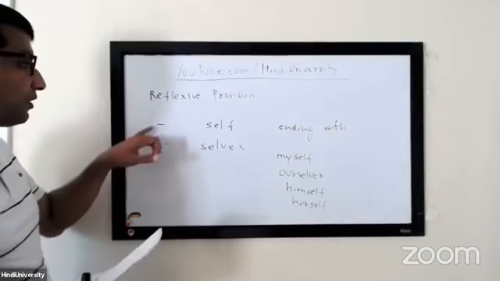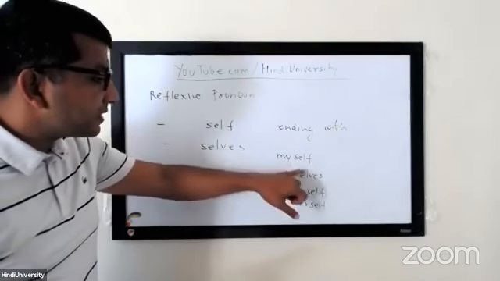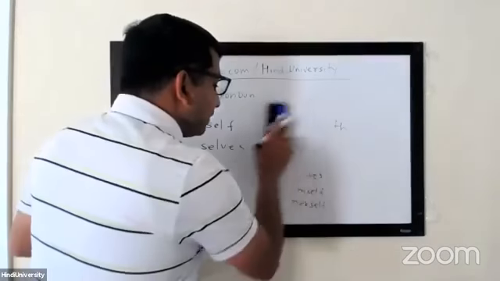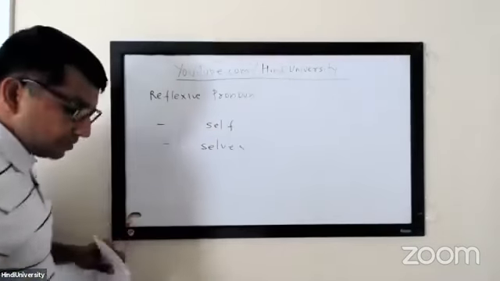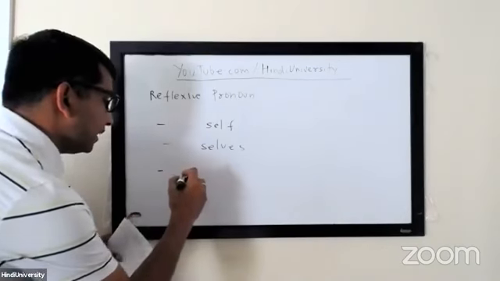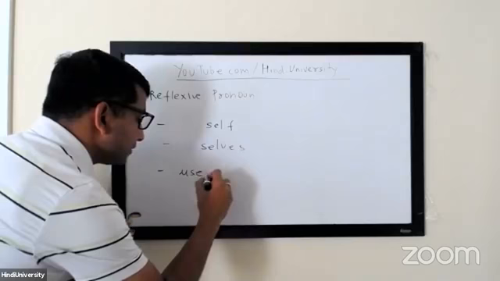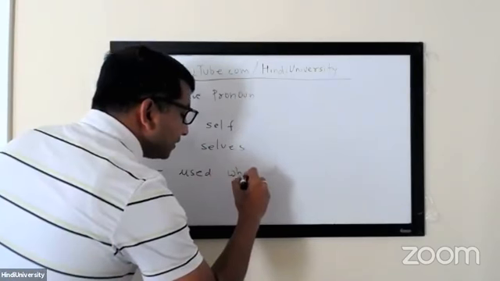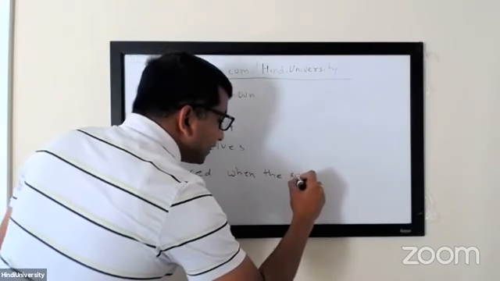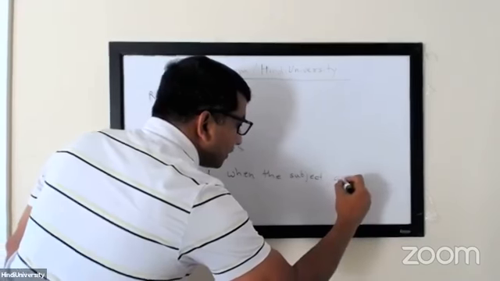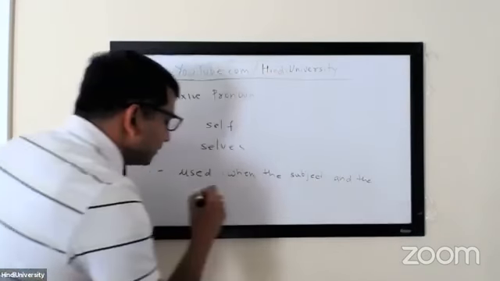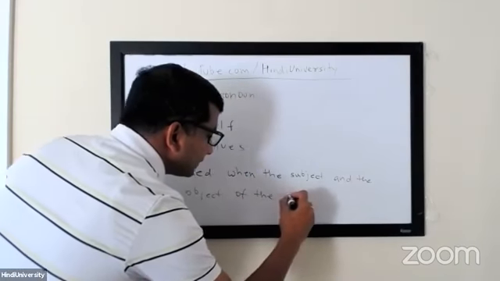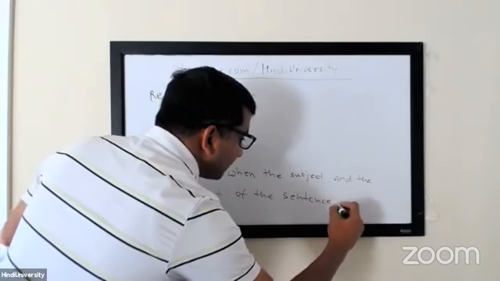Now that's one property of these pronouns: in English they end with self or selves. The other property of reflexive pronouns is that they are used when the subject and the object of the sentence are the same.